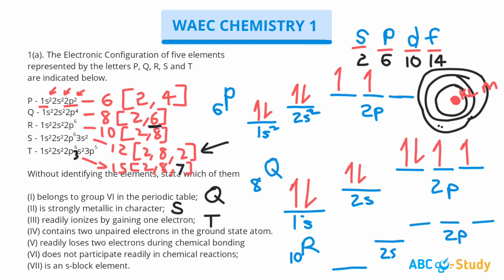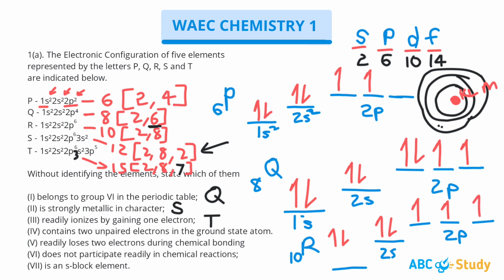So now let's move to the last one as well. The last one is R. R has 1s2, right? So in this 1s2, you write 2 spin there. 2s2 also has 2 spin. Then how about 2p6? You fill the first electron here, second electron here, that's 2, 3.